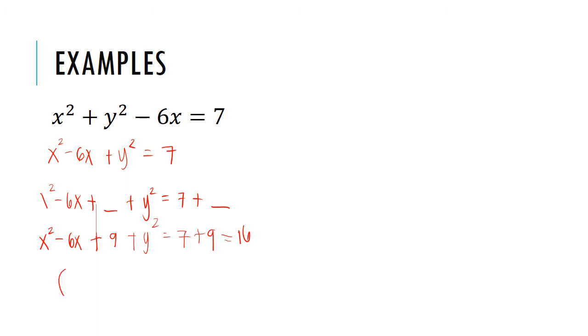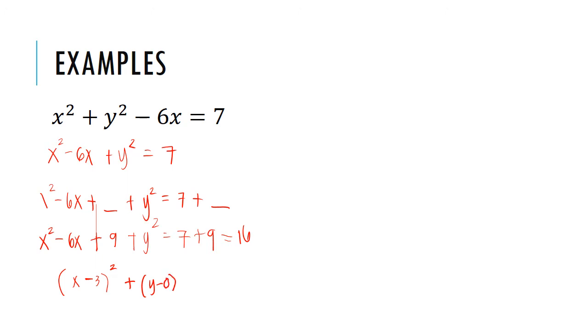Then, we can now factor the trinomial and we get a perfect square. X minus 3, kasi minus si 6x. So, minus 3 dapat yan, squared. Tapos, i-rewrite ko na rin si y para magmukha siyang standard equation talaga.